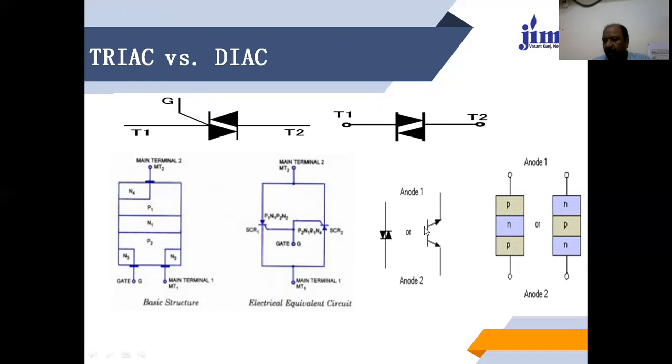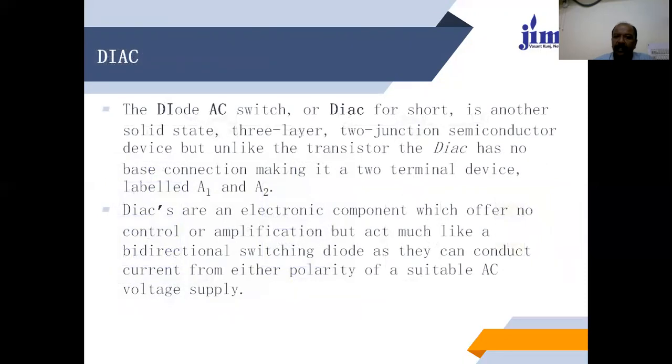The symbol looks like a transistor but without any emitter. So it can be a PNP or NPN type device. Diac, or diode AC switch, is another solid state three-layer, two-junction semiconductor device.